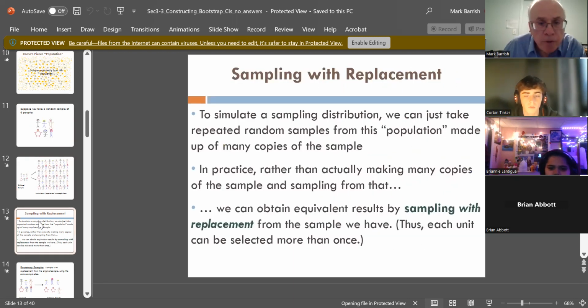All right, this looks kind of confusing, so I don't want to confuse you. What we're going to do is sample with replacement. So what does that mean?